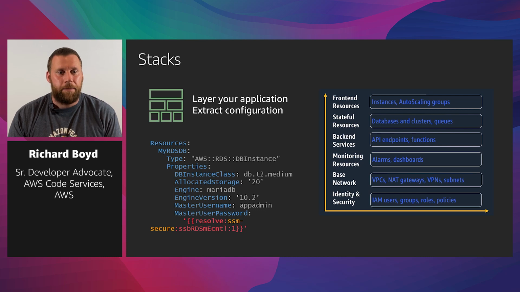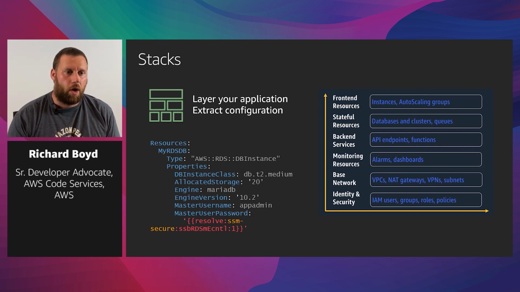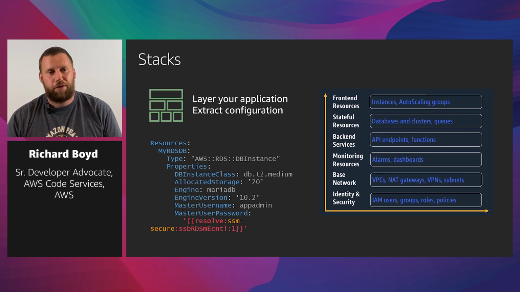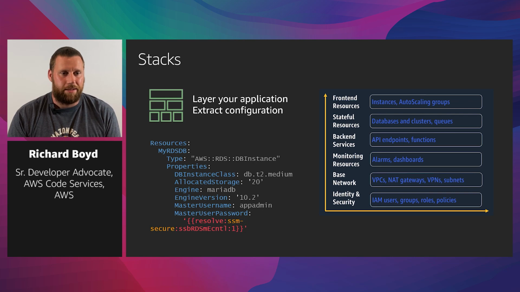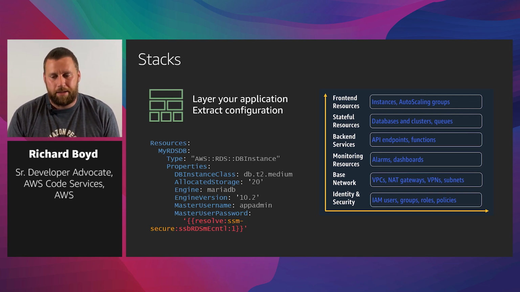And within your stack, there are ways of, when you're defining infrastructure, because it's a text file that you're passing around. In this example here, we have a database that has the master user password in it. We don't want this password just as a text file checked into our Git repository for anyone in the organization to see.